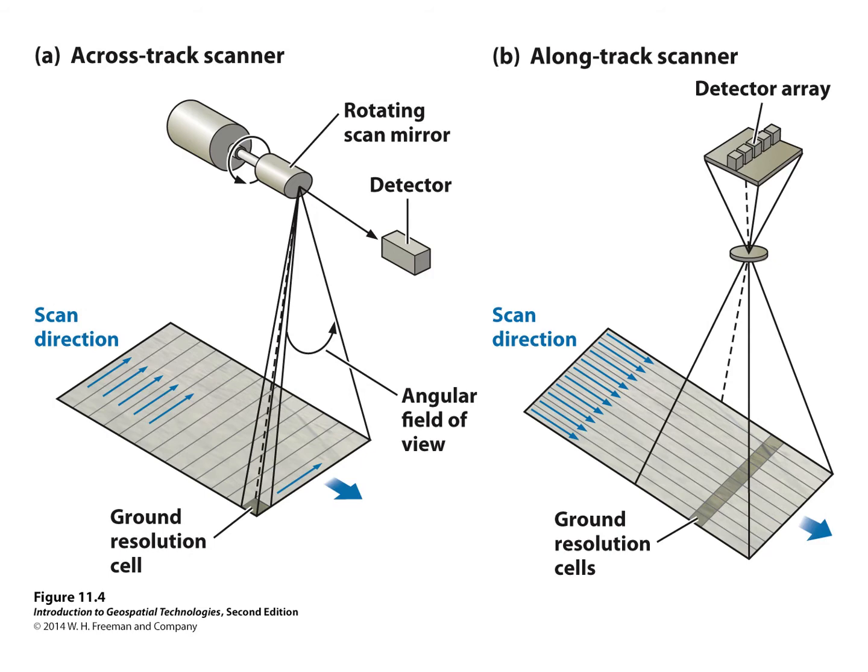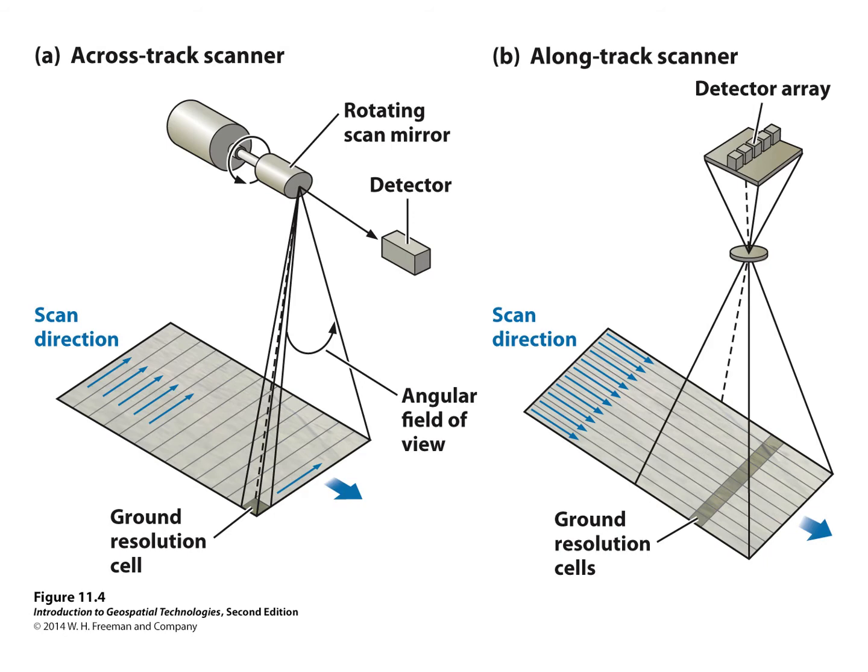So the way it works is, with the across track scanner, you've got a rotating mirror and a detector. The information that it sees from the ground hits that rotating mirror, and as the mirror rotates, it basically scans across the path, bounces that signal to a single detector, and then that detector converts all that information and sends it out in the satellite signal.